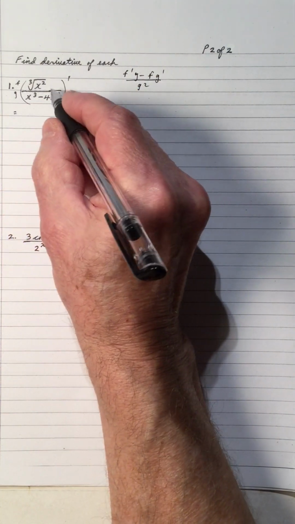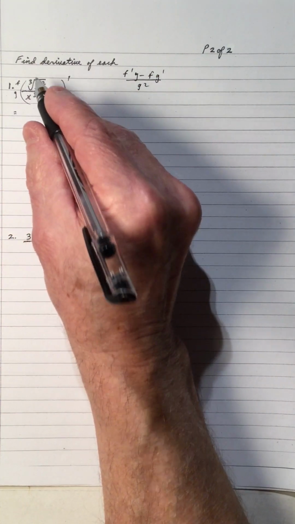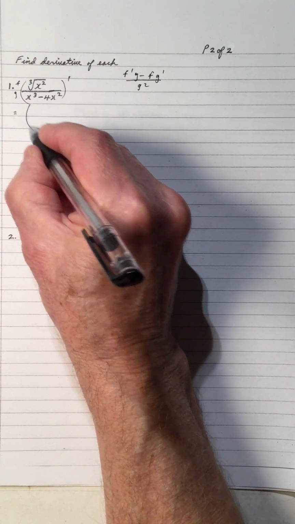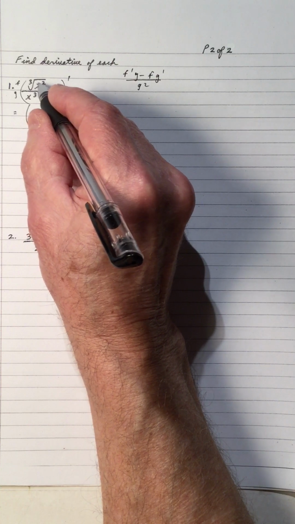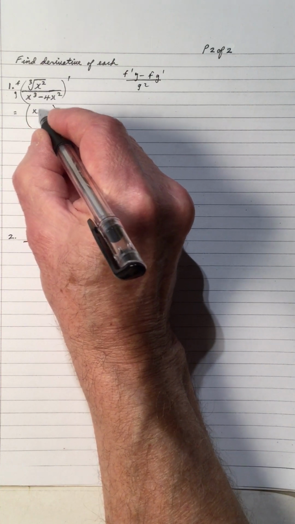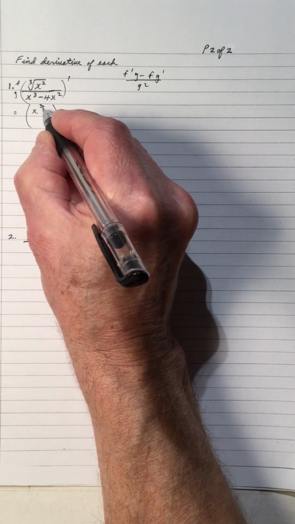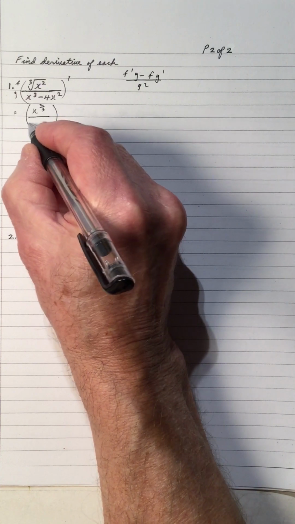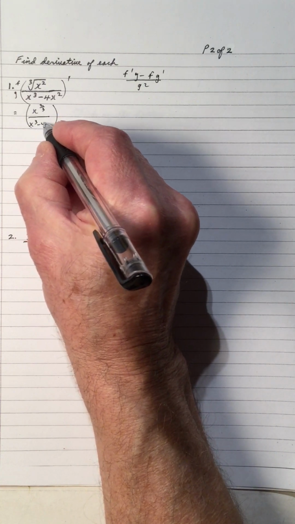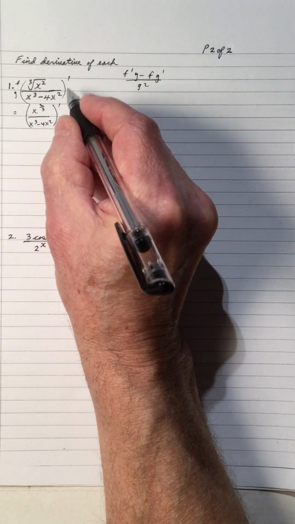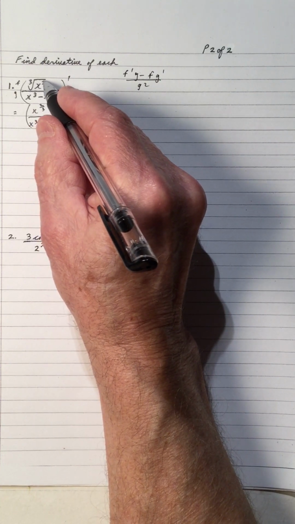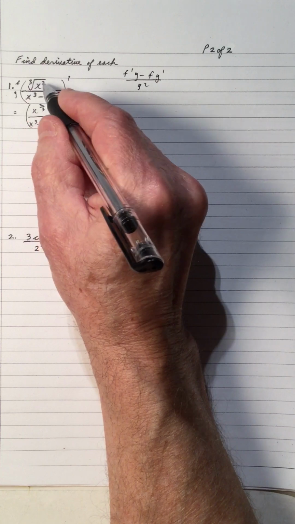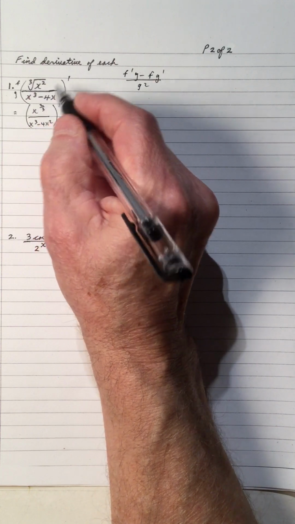So here we go. And before we start though, we should recopy this root here, cube root. So this is x to the 2/3 divided by x cubed minus 4x squared. So we change the cube root to a fraction. So 3 is the denominator, so it's x to the 2/3.